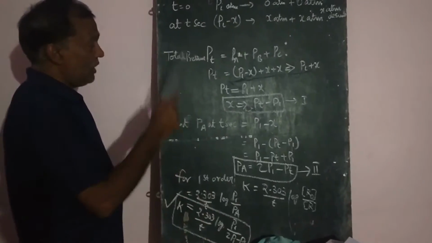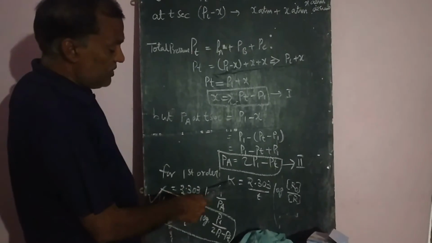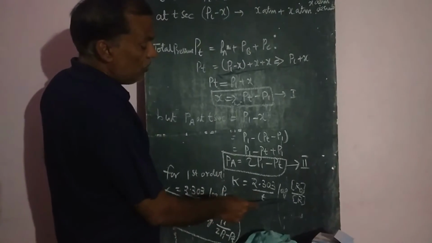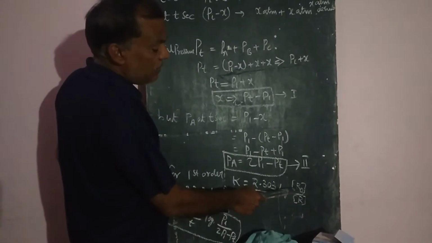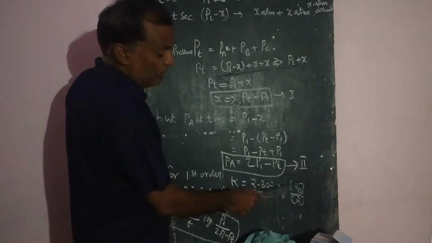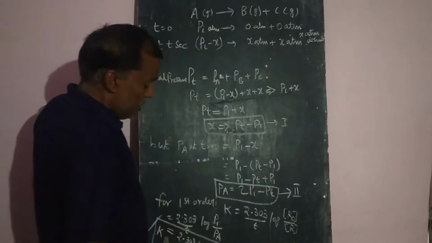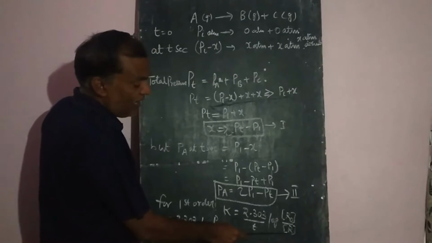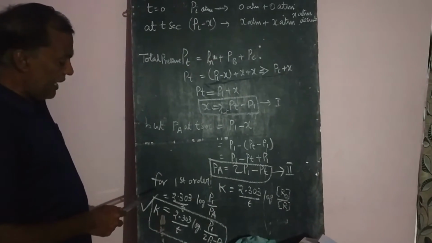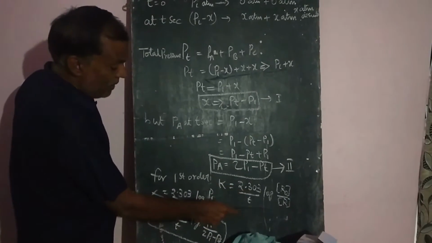But according to the first order, the rate constant K is equal to, as we already derived, 2.303 by t into the logarithm of initial concentration by final concentration. But here, in place of concentrations, we have to take the atmospheric pressures. That means initial pressure by final pressure. Therefore, K is equal to 2.303 by t into log P1 by PA.